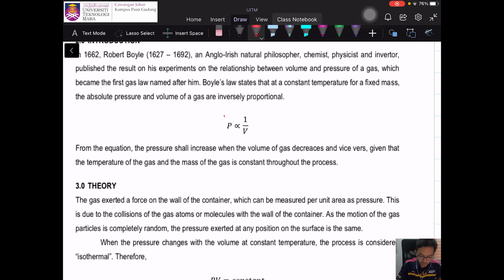So here, the relation between pressure and volume is P proportional to 1 over V. P is the symbol of pressure, and V is the symbol of volume.